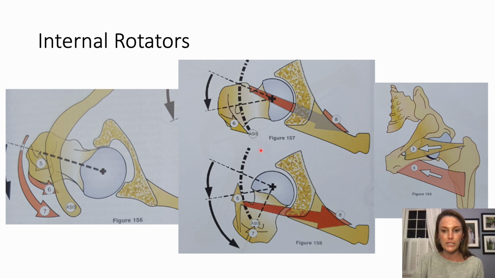So at 30 to 40 degrees of internal rotation, the obturator externus and the pectineus actually stop externally rotating, and the glute med and the glute min are still internally rotating. And then when you get all the way into internal rotation, the obturator externus and the pectineus are now internal rotators, and the TFL, glute med, and glute min become external rotators.